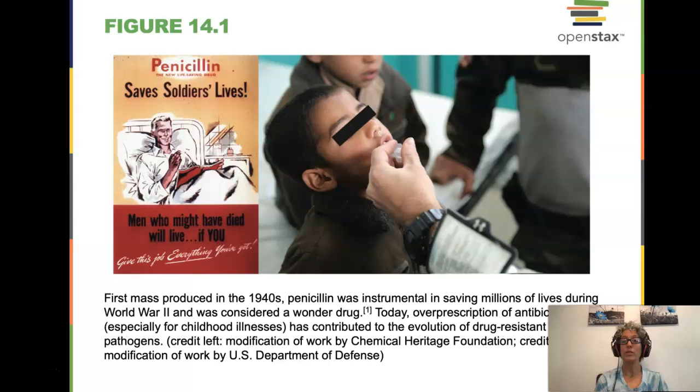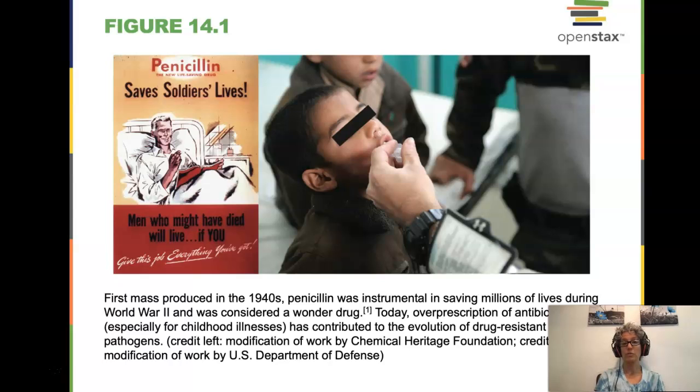Antibiotics are a relatively new thing. They were first mass-produced in the 1940s. So my parents were of the generation that were the first to have any access to antibiotics.